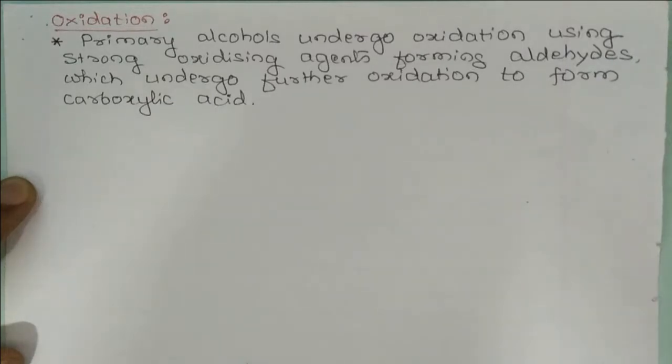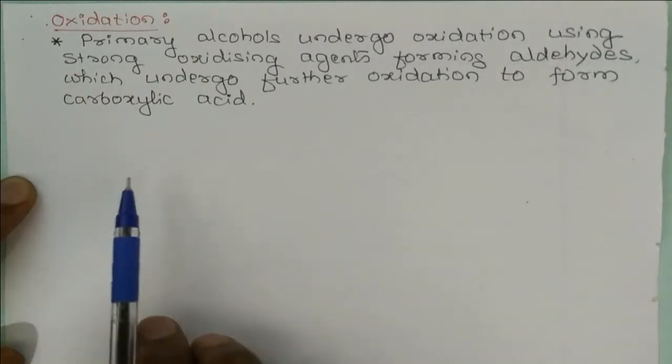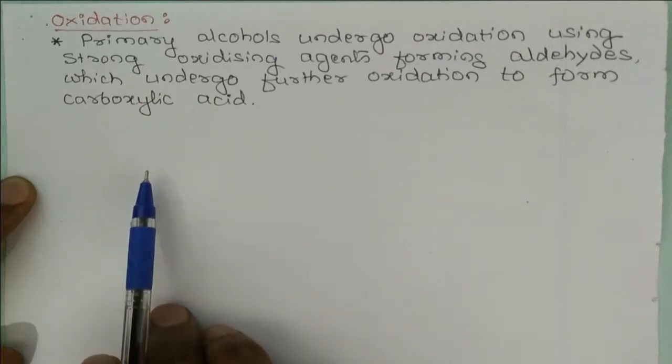Now let us discuss oxidation reactions of alcohols. Generally, all alcohols on oxidation using strong oxidizing agent give carboxylic acid as final products. But there is small change. Primary alcohols on oxidation first give aldehyde, which on further oxidation gives carboxylic acid with the same number of carbon atoms.